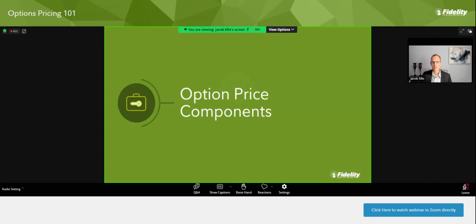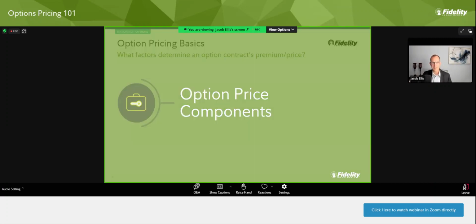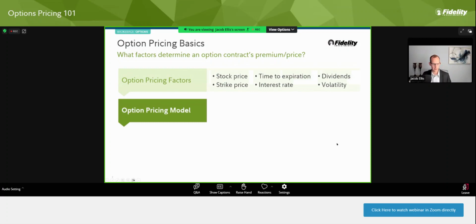But here's where we're going to start out, folks. Options began trading over the course of the last 100 years or so, mostly in unique settings, high dollar amounts, and they weren't very convenient in the beginnings.